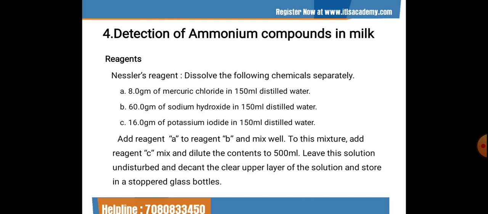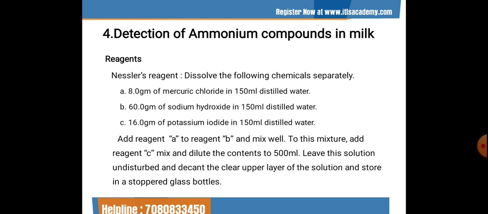Now we have to add reagent A to reagent B and mix well, that is the mercuric chloride and sodium hydroxide solutions. Then to this mixture we have to add reagent C. You do not have to memorize all these things as shown in this slide.